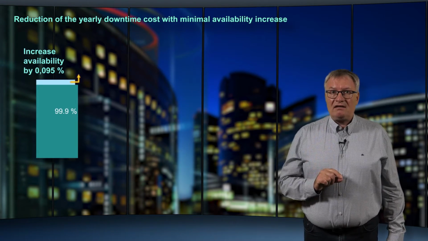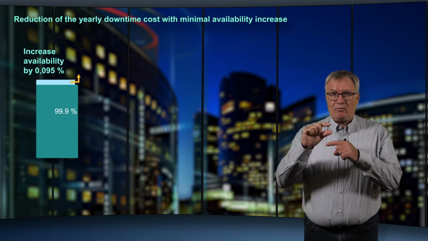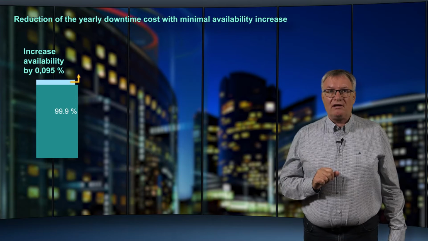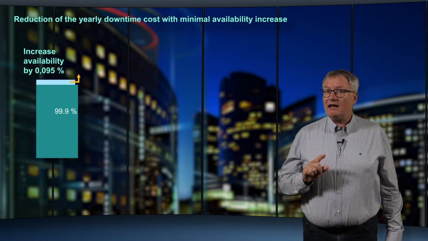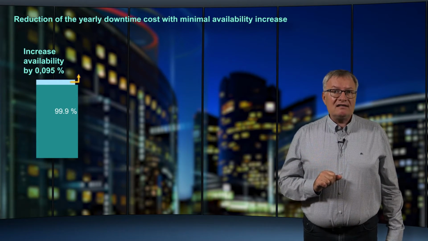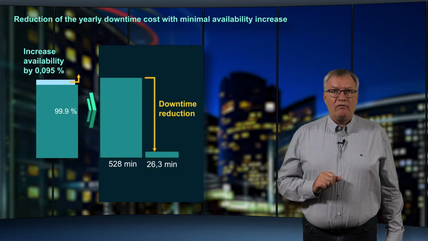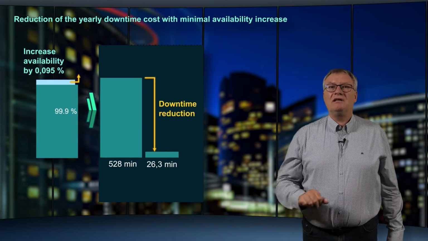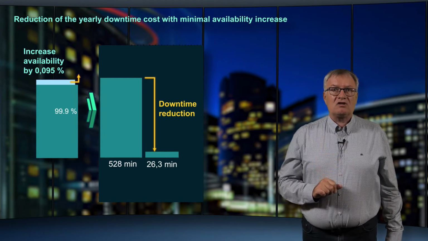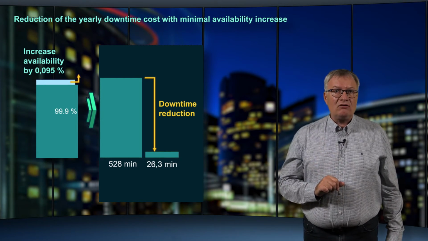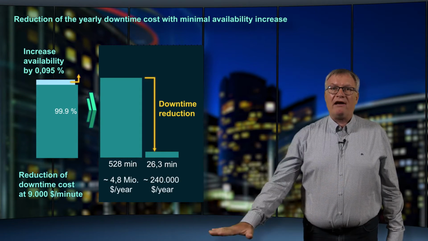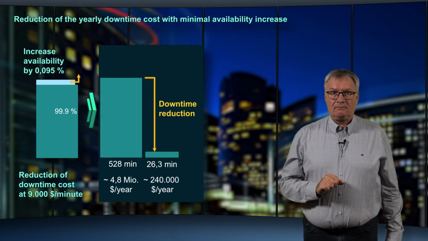If the availability is increased by 0.095%, from 99.9 to 99.995%, the statistical downtime will be reduced by almost 8.3 hours per year. This reduction will lead to a downtime cost reduction of roughly $4.5 million per year.